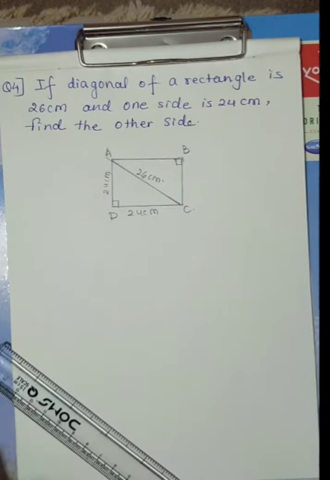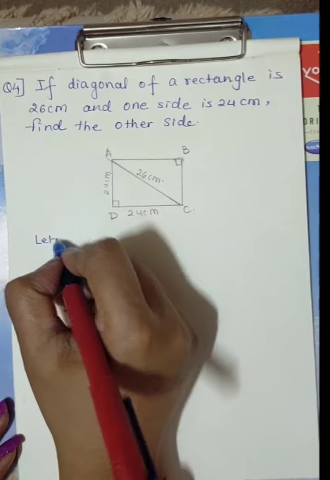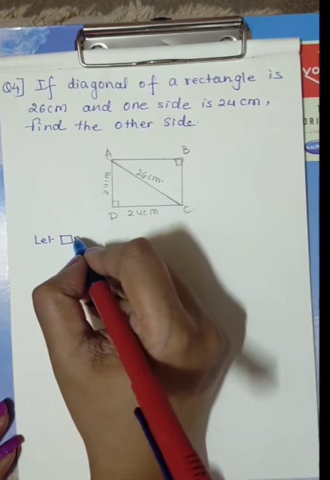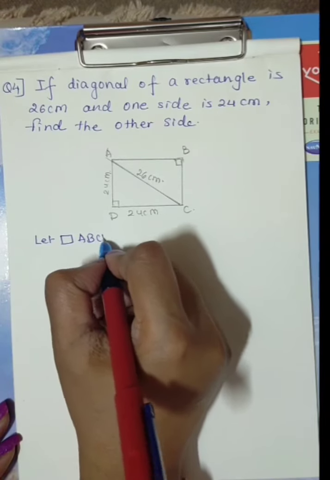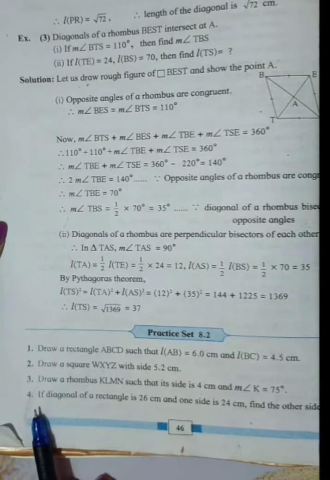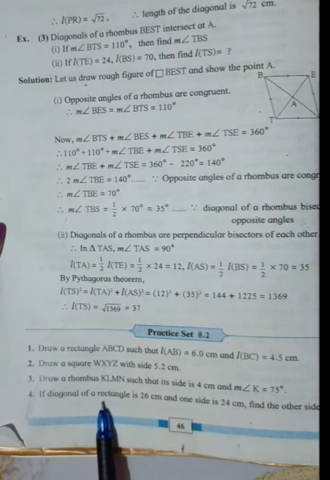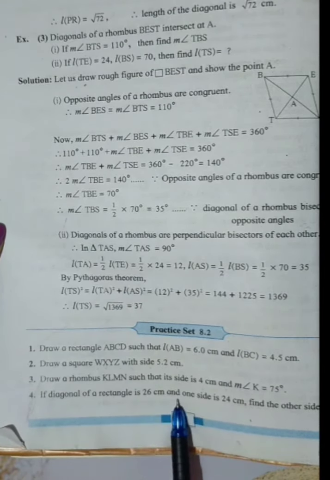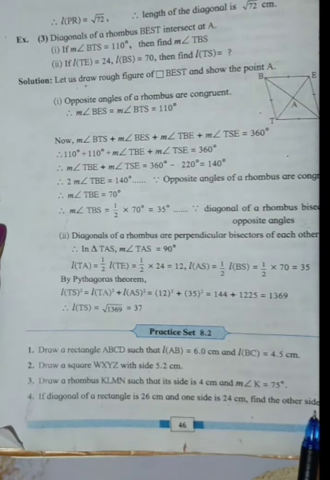So let us assume quadrilateral ABCD. Now question number 4 is what? If diagonal of a rectangle is 26 centimeter and one side is 24 centimeter, find the other side.